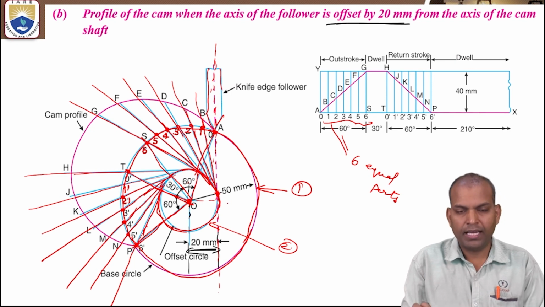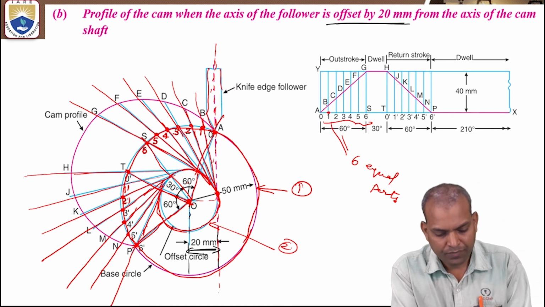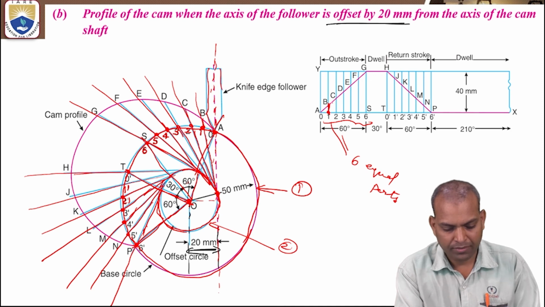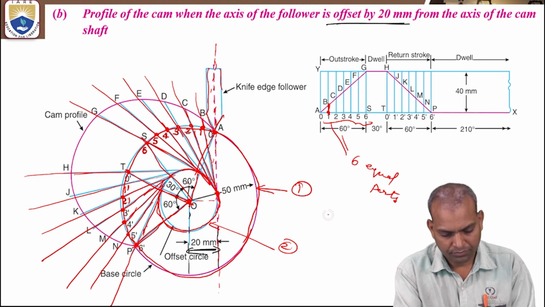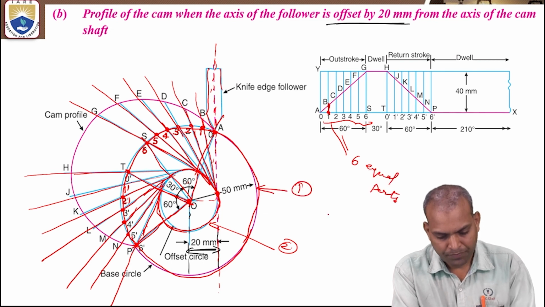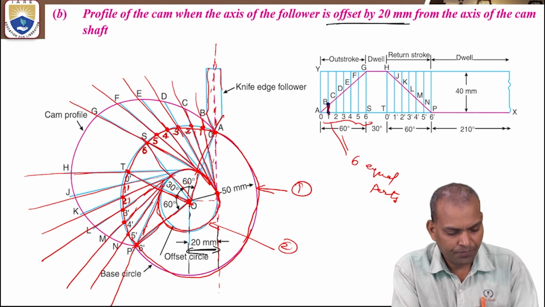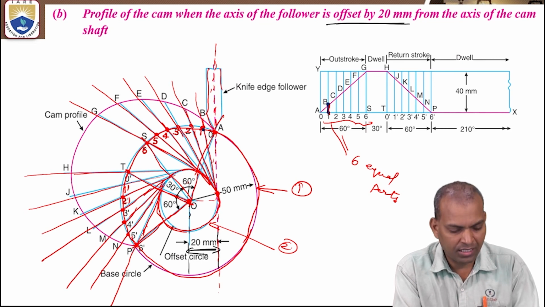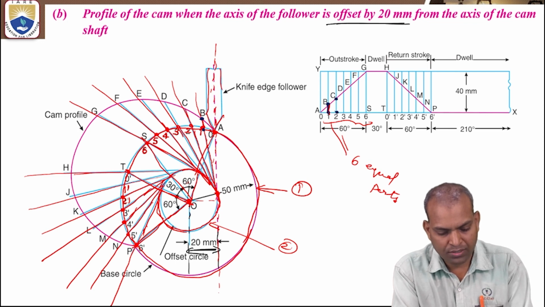Next, take the distance from 1 to B, 1B, from the displacement diagram. This is point 1 on the base circle, and mark point B. With the compass, 2 to C, 2C.